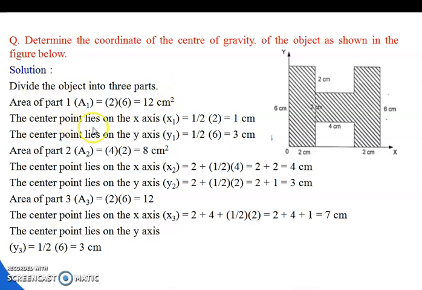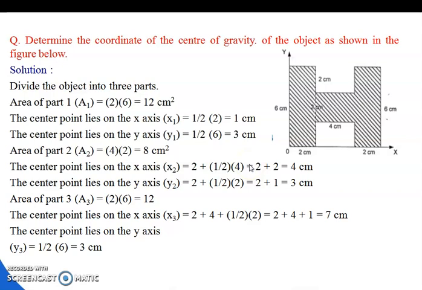Then the center point along the x-axis, denoted as x1, is measured from this reference line. We previously already read that the center of gravity of a rectangle along the x-axis is half of the width and along the y-axis is half of the depth.